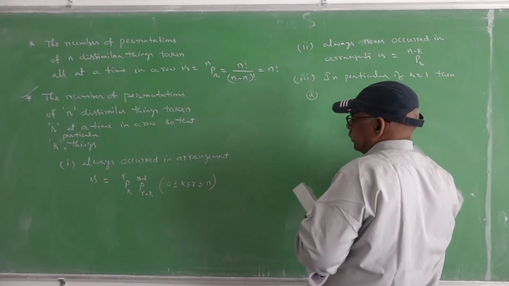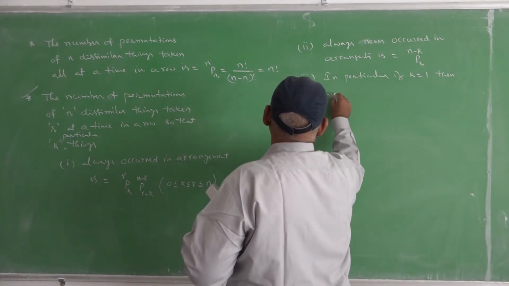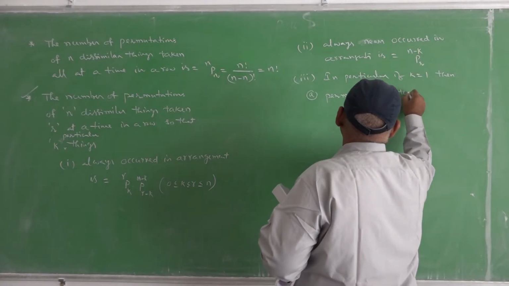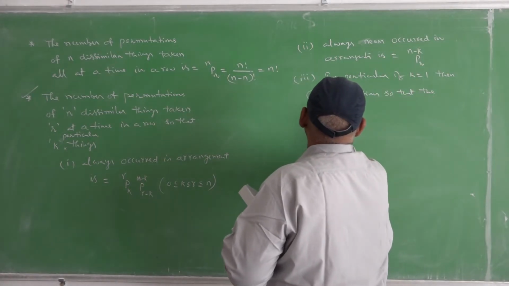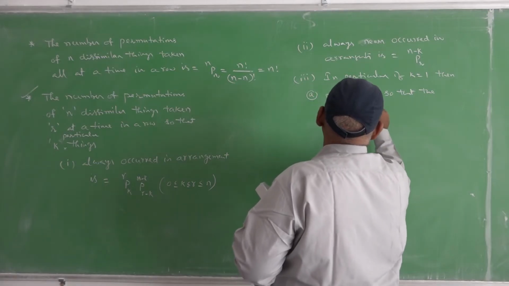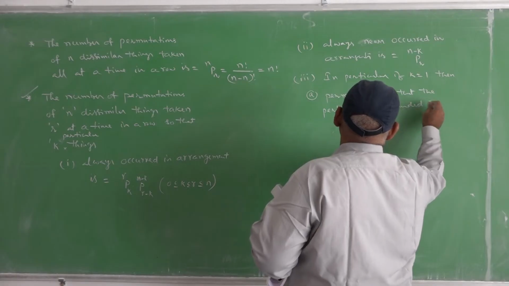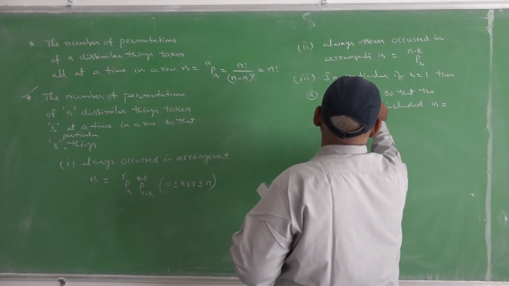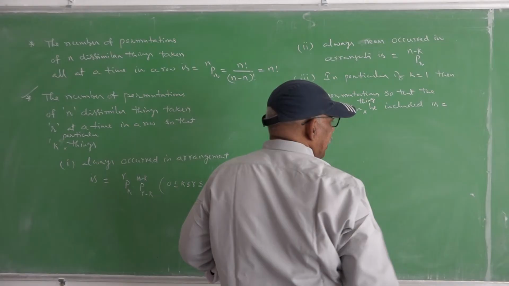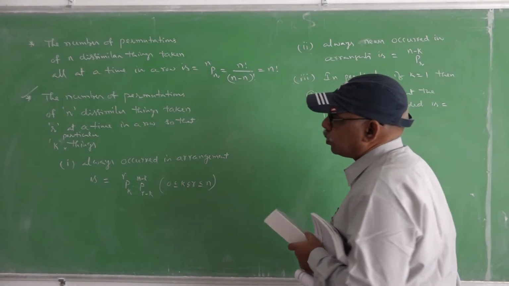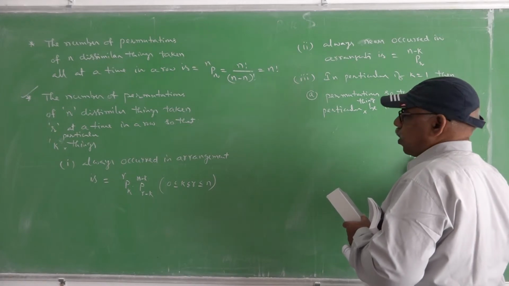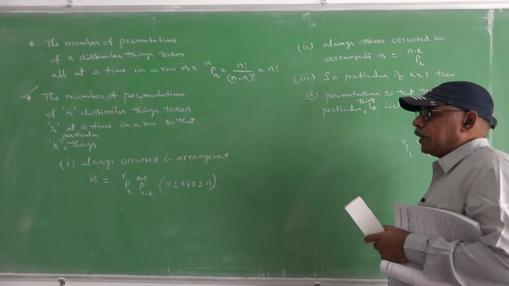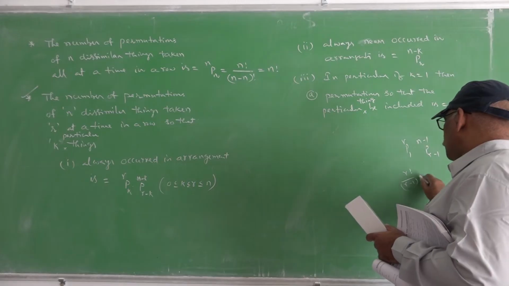Then the number of permutations so that the particular thing is included is equal to, because k equal to 1, a particular thing is included in the arrangement, taking k equal to 1, rP1 into n minus 1 P r minus 1. rP1 is r factorial by r minus 1 factorial, which is nothing but r itself.